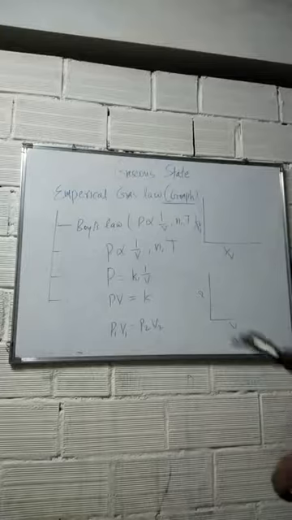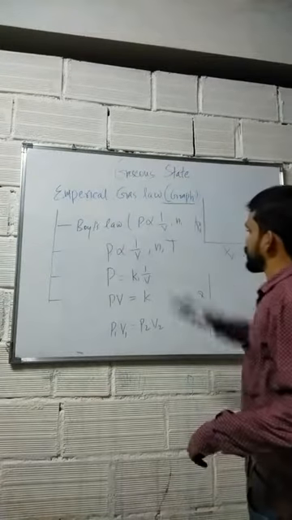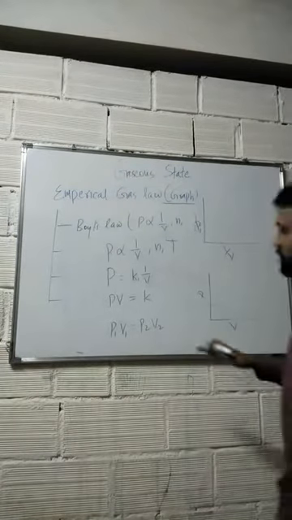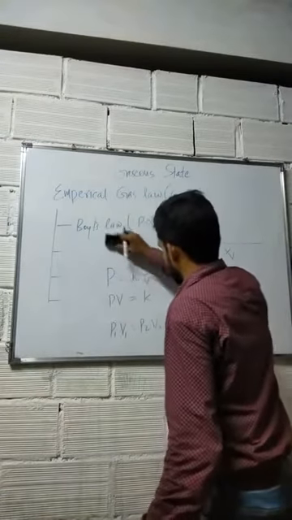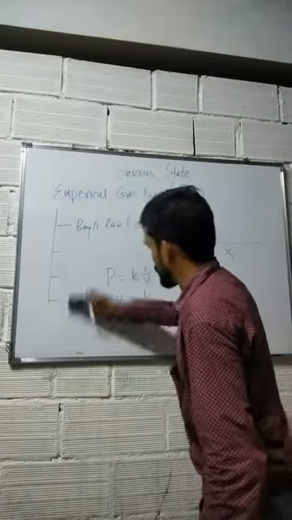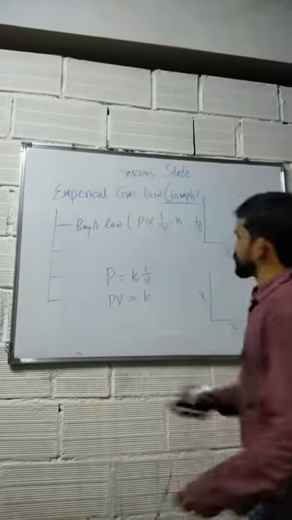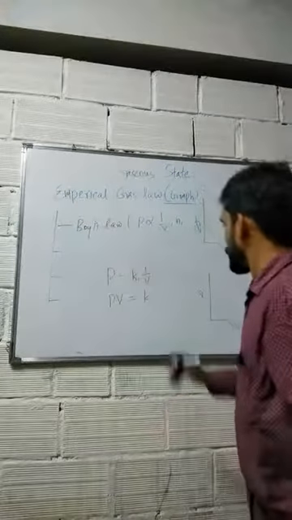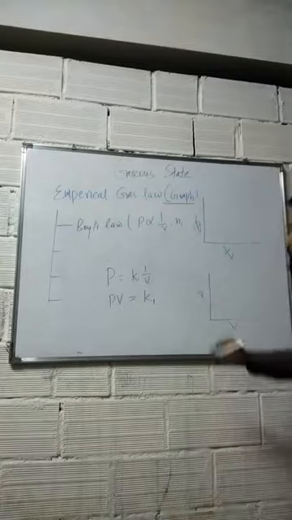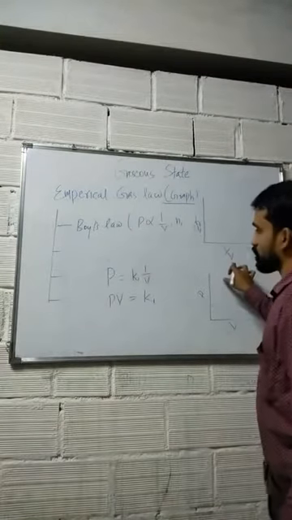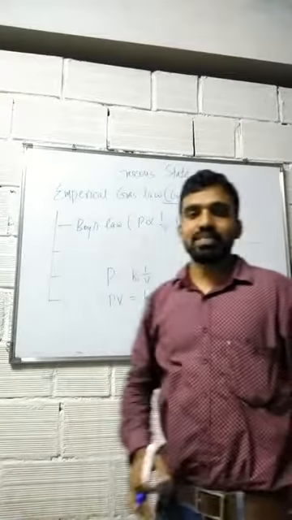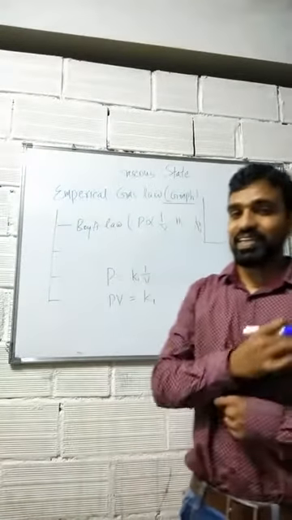Okay, so let me again discuss this graph with the help of these two equations. So, P versus 1 by V. This is a straight line graph.